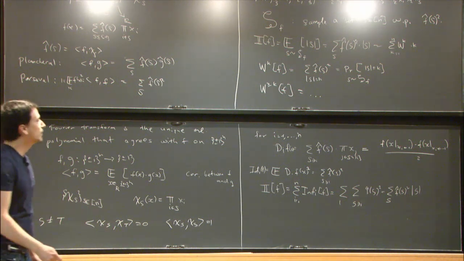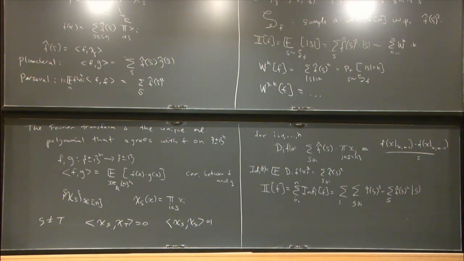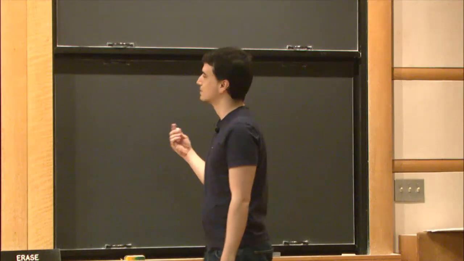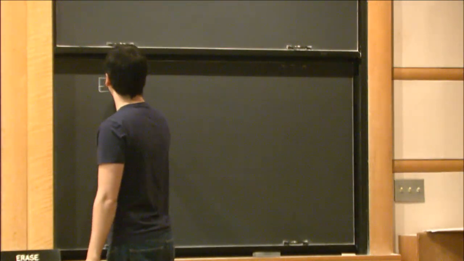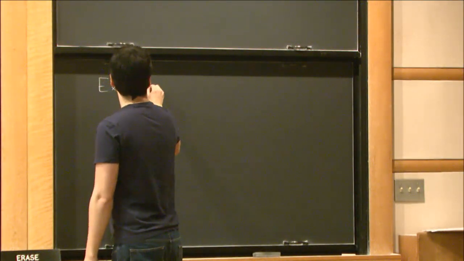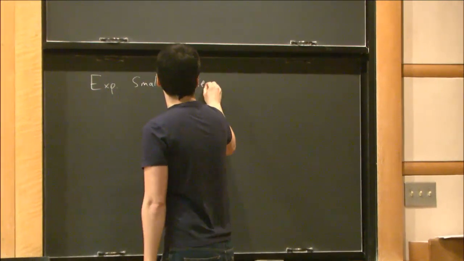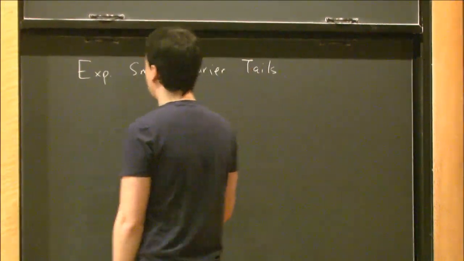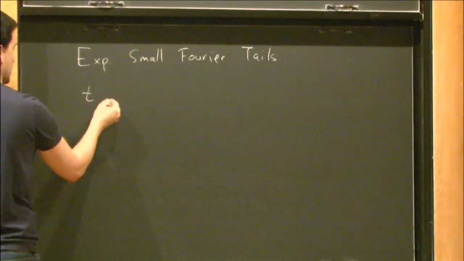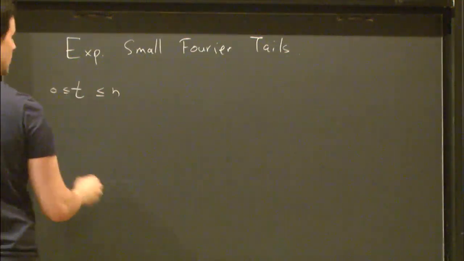Okay, so now I want to state the property of Boolean functions which I will be interested in, and that is that they have exponentially small Fourier tails. So I will have some parameter t, which will be between 0 and n.